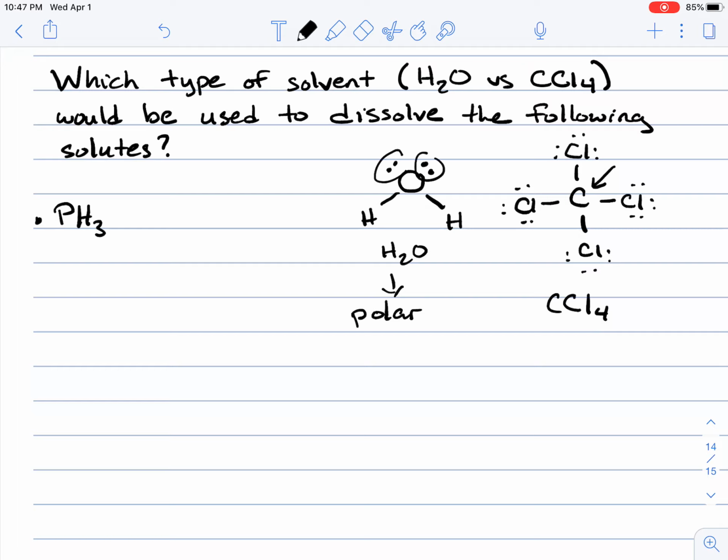In addition, notice that this central atom carbon does not have a lone pair. And so even though the surrounding chlorine atoms do have lone pairs, since they're not on the central atom, we're going to disregard them in terms of polarity. And so since the central atom does not have any lone pairs, and since all of the attachments to it are the same element, we can say with a strong conclusion that CCl4 is nonpolar in character.